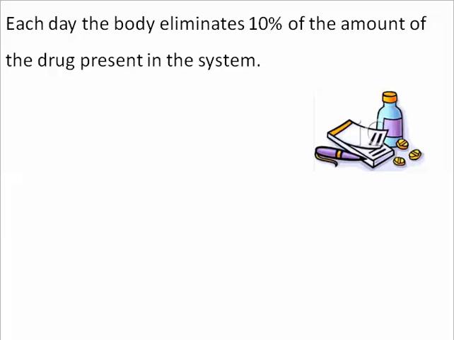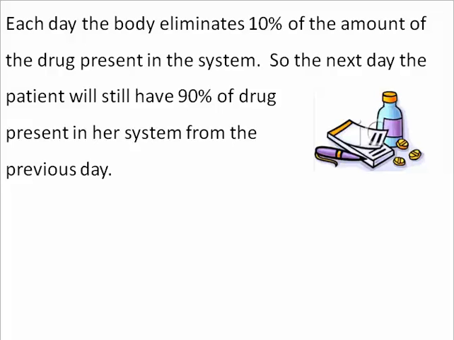Recall that each day the body eliminates 10% of the amount of the drug present in their system. So the next day the patient will still have 90% of the drug present in her system on the day before.